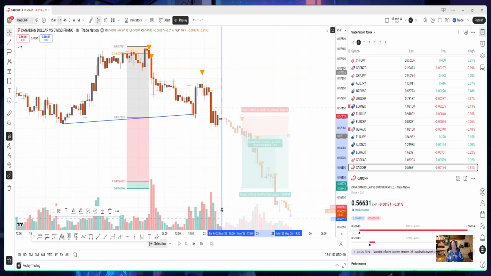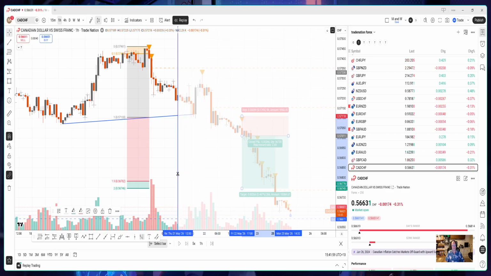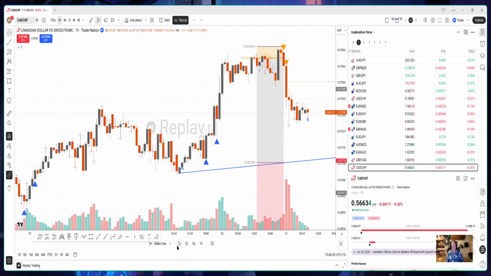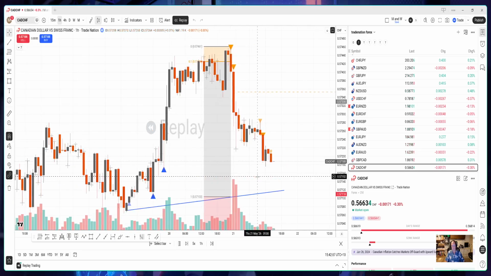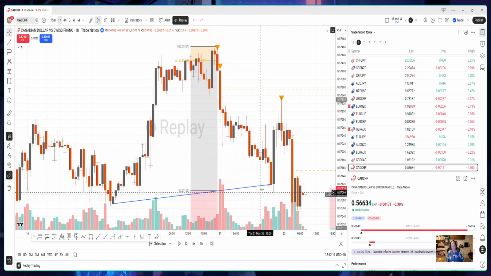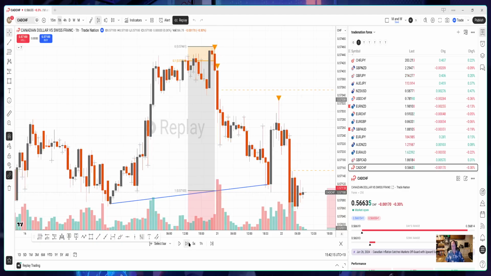Replay, start new, select bar. So I might be saying, oh, where's the shoulder? Where's the shoulder? Go forward through time. There's a shoulder. There's your break and close. There's your retest. So now we're looking for entry candles.